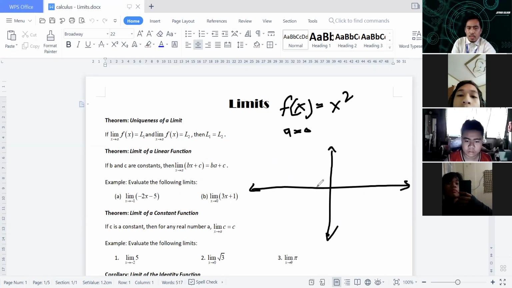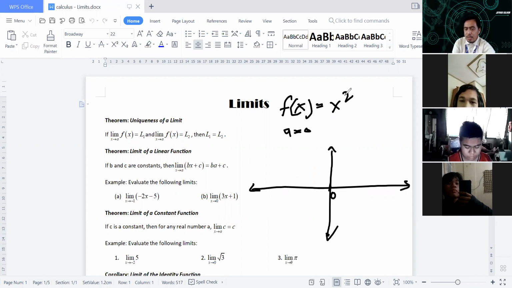So in your x-axis, say your a is 0, so it's somewhere here, right? What you're going to be doing, class, is getting values of x closer to 0, and you will observe what will happen to your function.